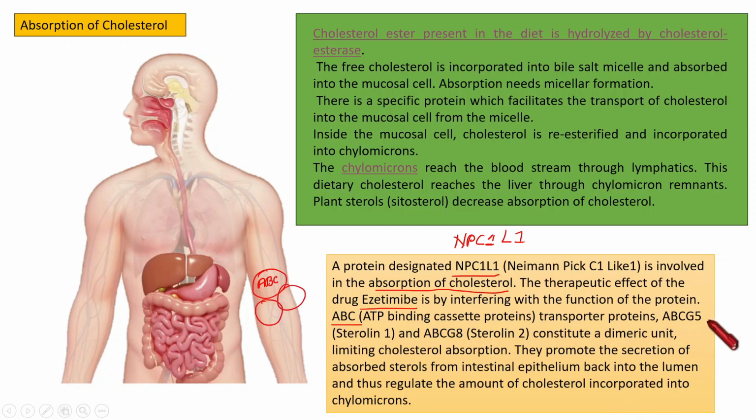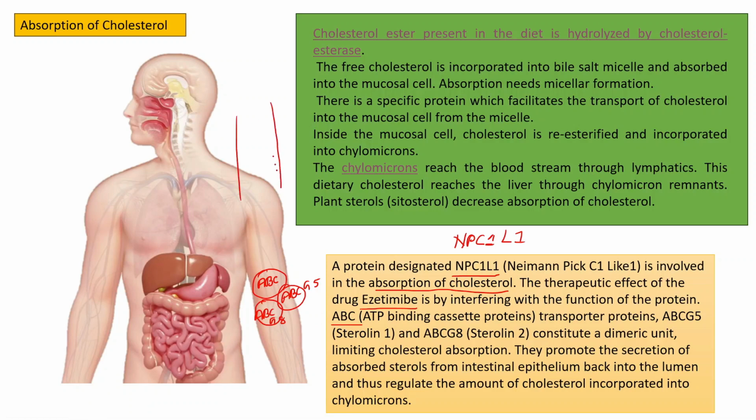They are ABCG5 and ABCG8 in the form of a dimer. They are joining with ABC, and what they are doing in the intestine itself, its regulatory activity works. How does it regulate in the intestine?